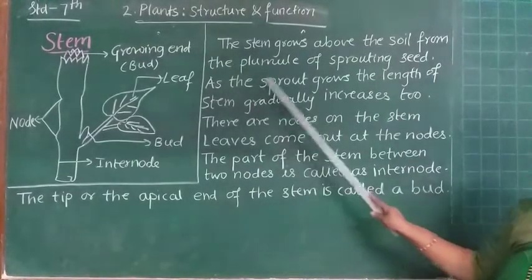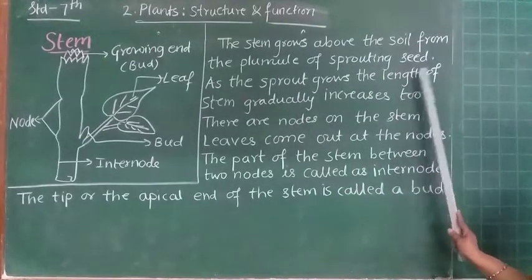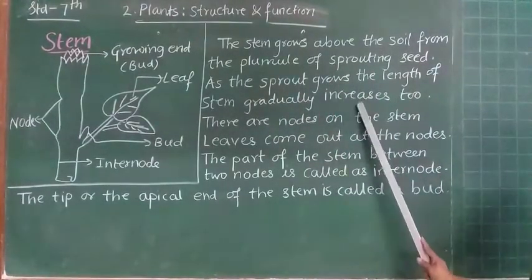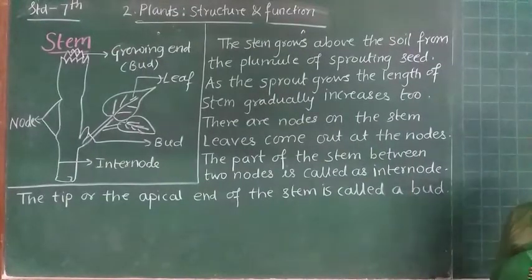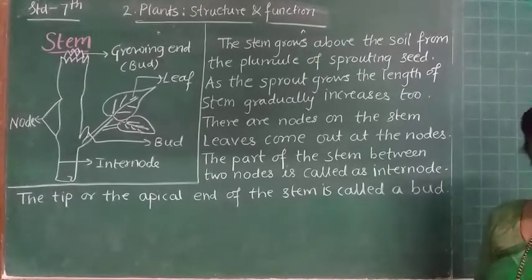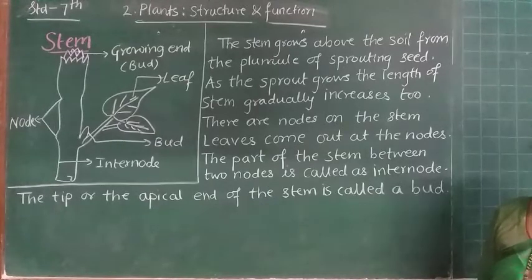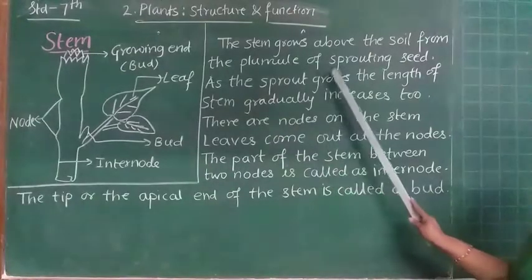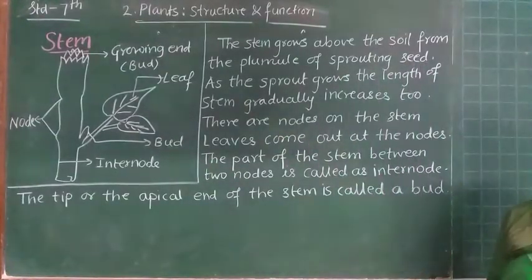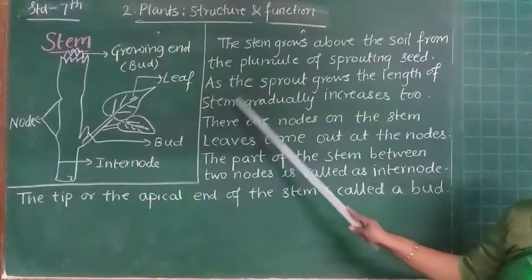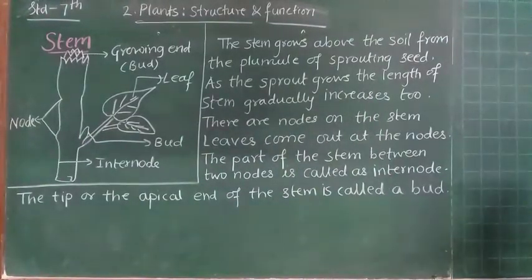Then see, as the sprout grows, the length of the stem gradually increases too. Whenever the sprout is growing, actually the seed is sprouting. Whenever we soak it and keep it in an airtight jar for 1 to 2 days, there will be sprouting seen in those seeds. Now this sprouting grows in length. Whenever it grows in length, at that time the stem will also increase in size.